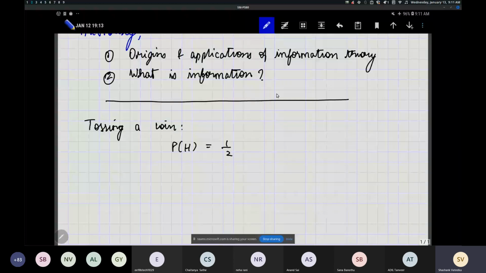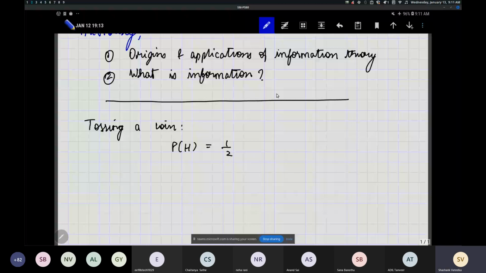Before tossing the coin, I don't know what the outcome is going to be. It's equally likely that I'm going to get a head or a tail. So if I want to guess whether the outcome is head, right now there's some amount of uncertainty, and once I know the outcome, I get some amount of information about what the outcome is.